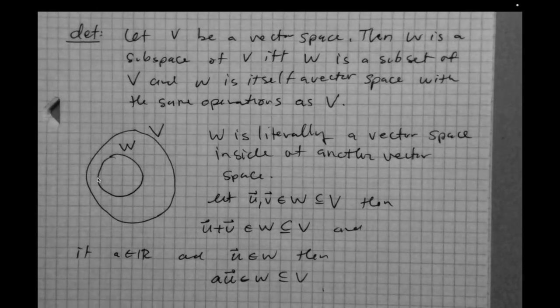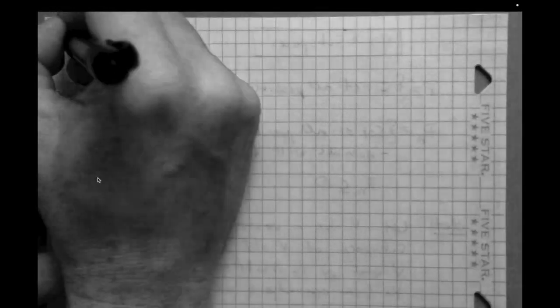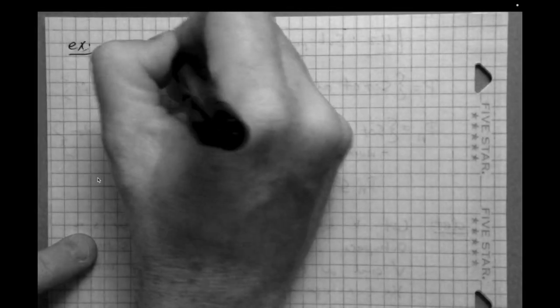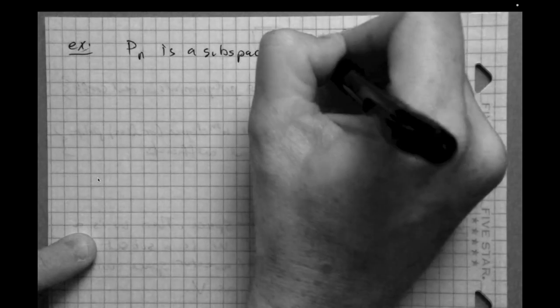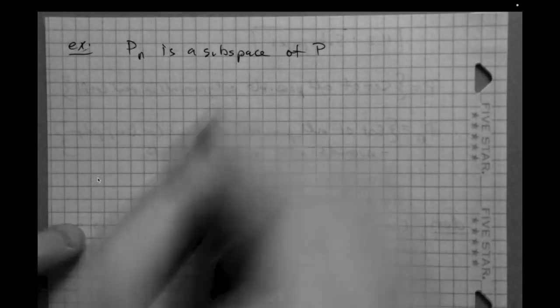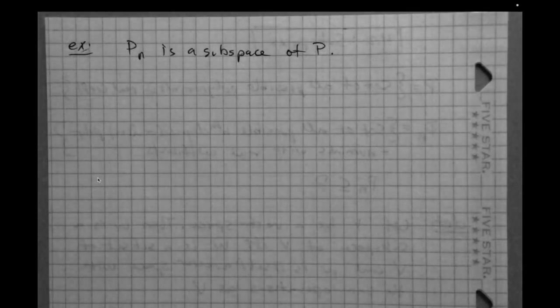Okay, perfect. Let's do an example. Actually, let's explore this polynomial example a little further. So P sub n is a subspace of P. We already saw that P sub n is a vector space.